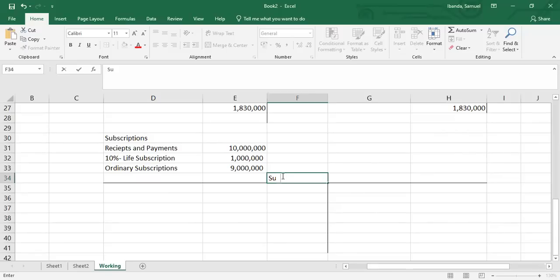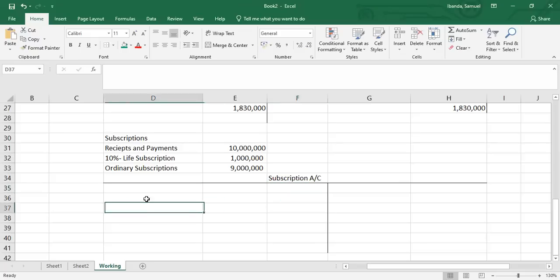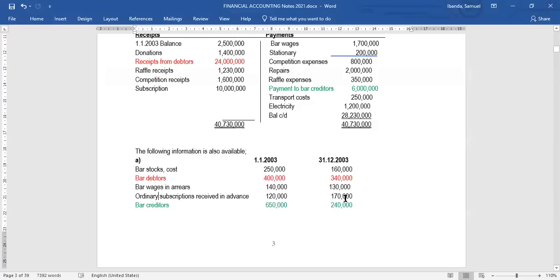So I'll draw up my subscription account. Now, before I do anything, I want to account for this. Remember what we saw when we were studying subscriptions? They told us how to account for each of these, but we are just going to use the same principle like the one we used for debtors, wages in arrears, and creditors.